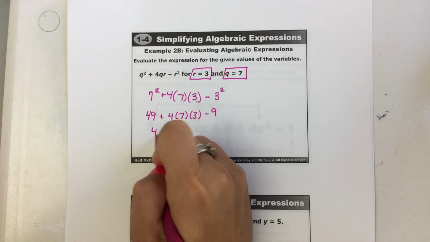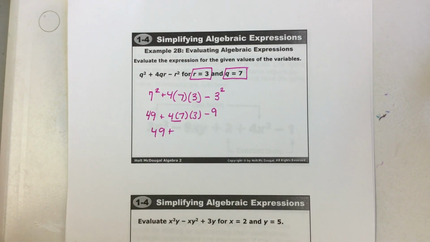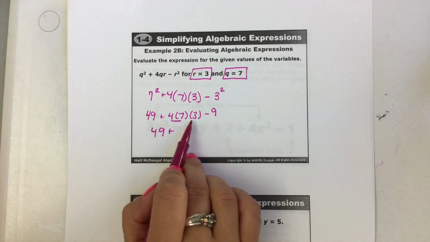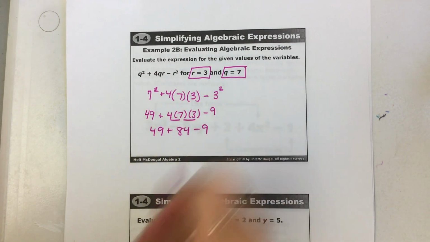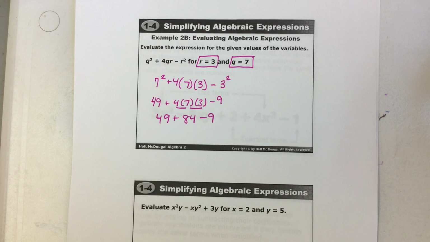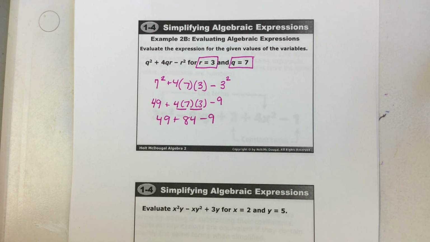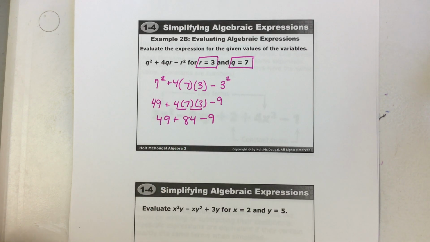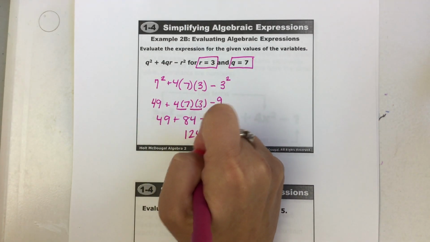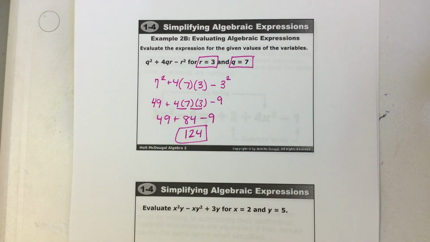So I have my 49 plus 4 times 7 is 28 times 3 is 84 minus 9. Now you add and subtract left to right. So 49 plus 84 is 133 minus 9 is 124, and you're done.